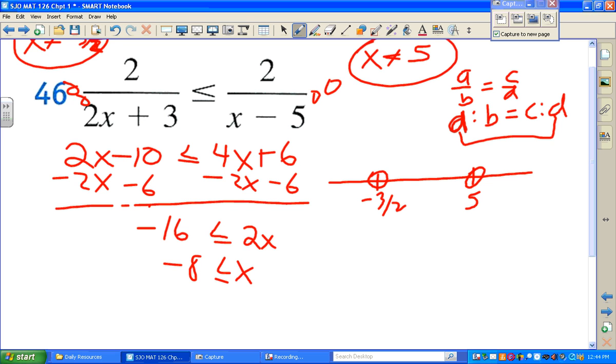I think it goes on the left. I don't know. We got to find out. We got to do some test points and see. Maybe it doesn't even work that way. I don't know. But I'm going to graph it out to double check. That was the whole point of doing that. And it would go this way. So when you do that, you're going to run into some problems, it looks like, with the open circles, doesn't it?